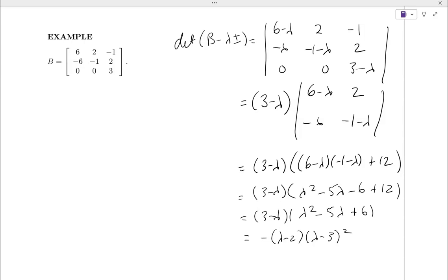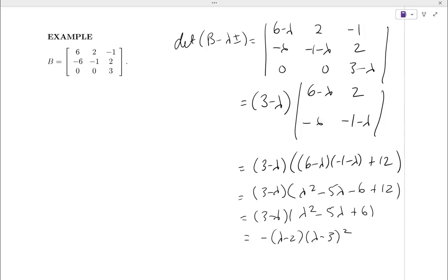Notice in this case we get a repeated root. This is when you have to be careful. This is when it's possible for a matrix not to be diagonalizable. It still might be diagonalizable if we can find that diagonal matrix and the invertible matrix P. That's what we mean by diagonalizable.